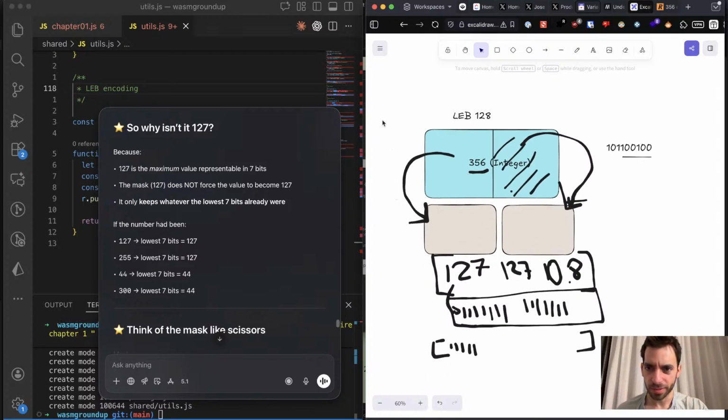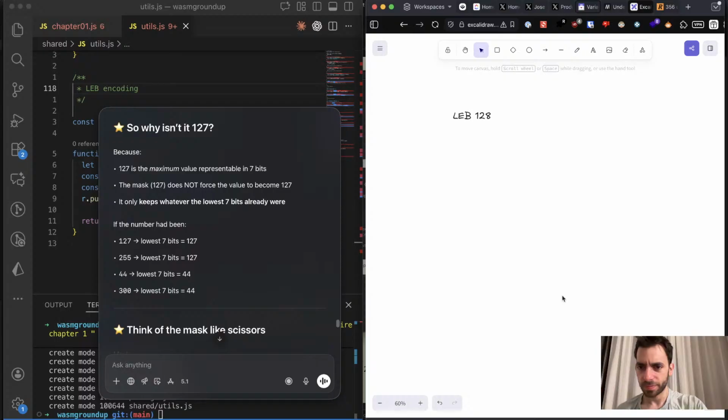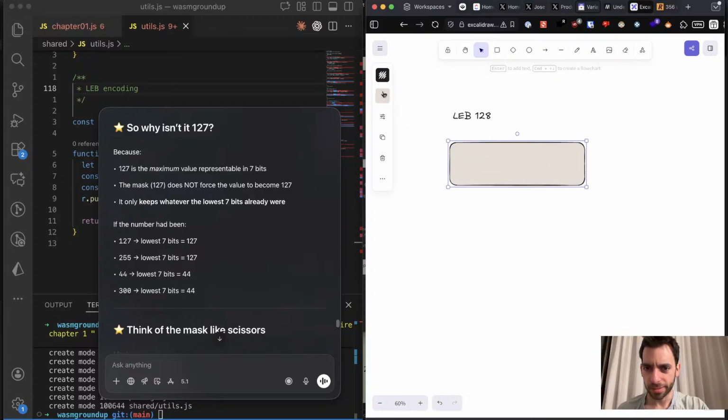I'm going to delete everything. We got, let's say, a number, an integer. Call it 356. And what we're trying to do, since 356 is a much bigger integer than the 127 we were talking about, is use the signed representation.